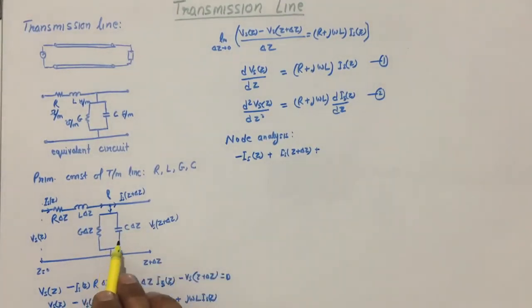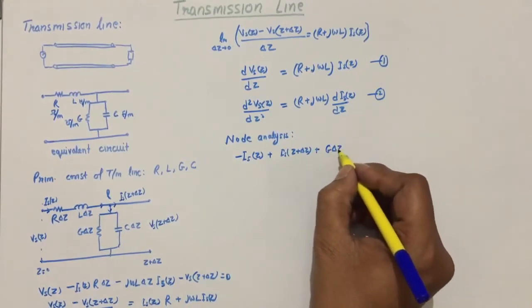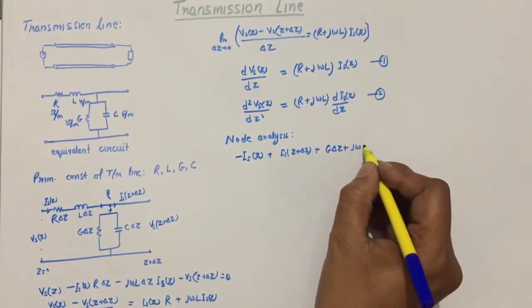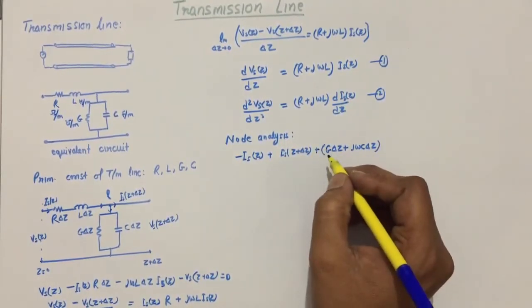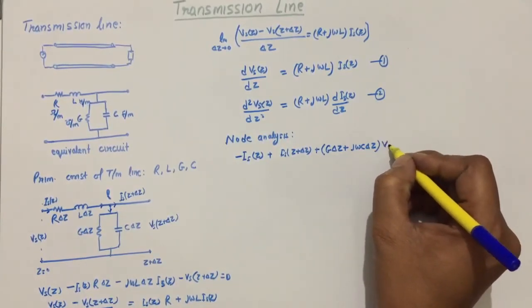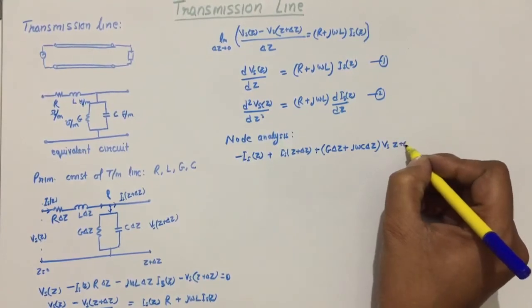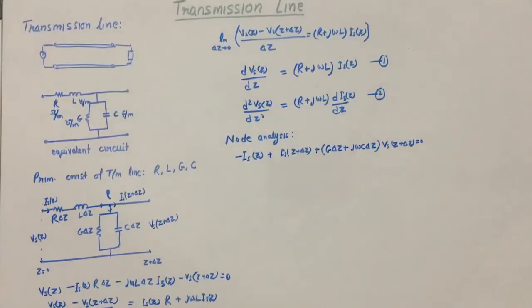The conductance will be GΔz plus jωCΔz, for the voltage V(z + Δz). The sum of the currents will be equal to 0 at any particular node.